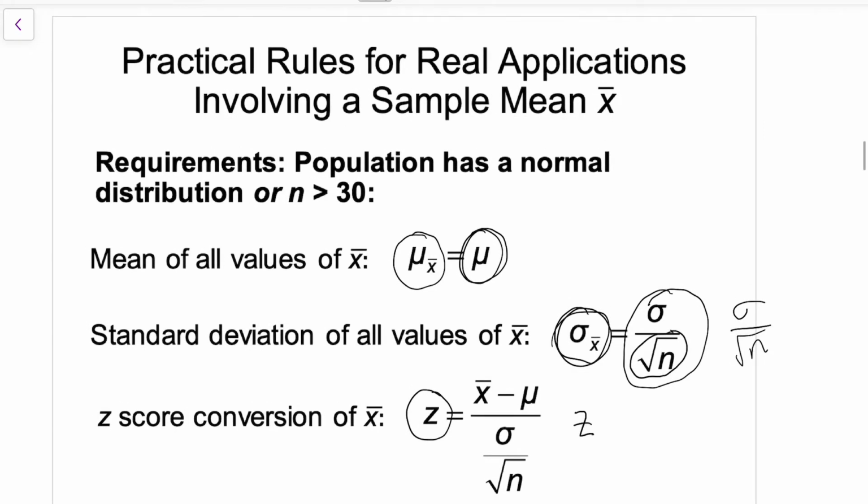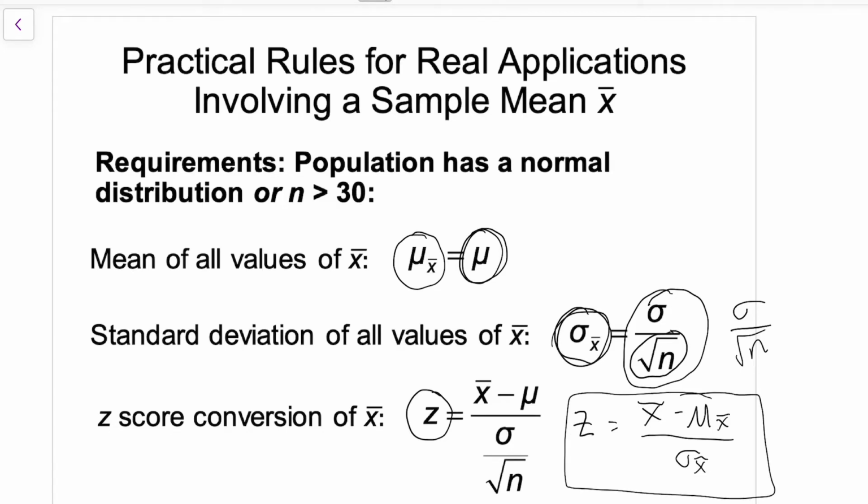Another way we can think about that formula is x bar minus mu sub x bar divided by sigma sub x bar. This formula I do like because it keeps the same original structure of the z-score formula, but it translates it for this grouping of problems, and we'll see exactly how to do a problem like this.